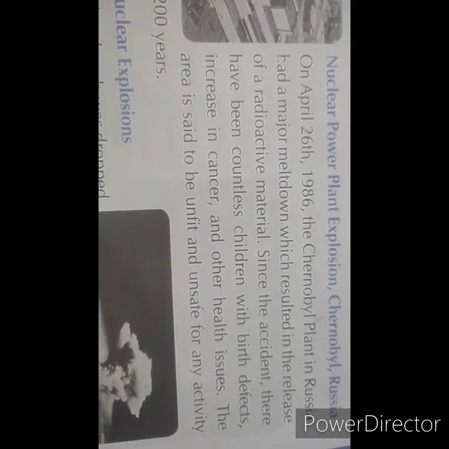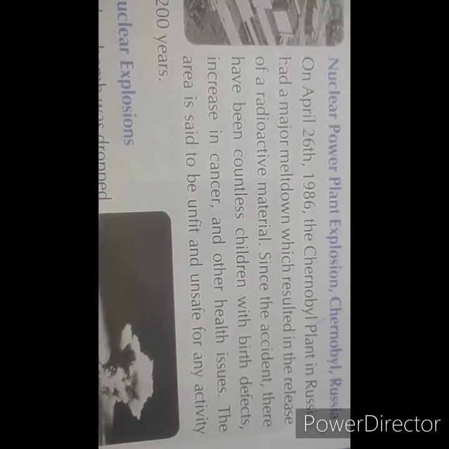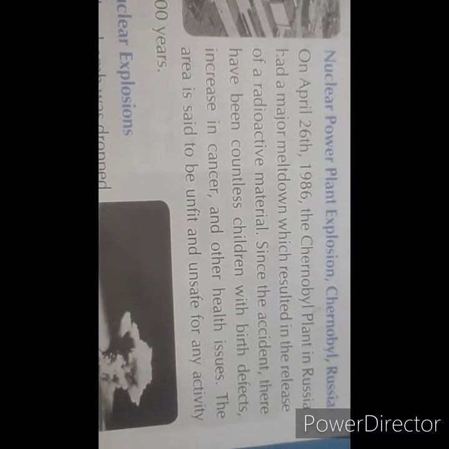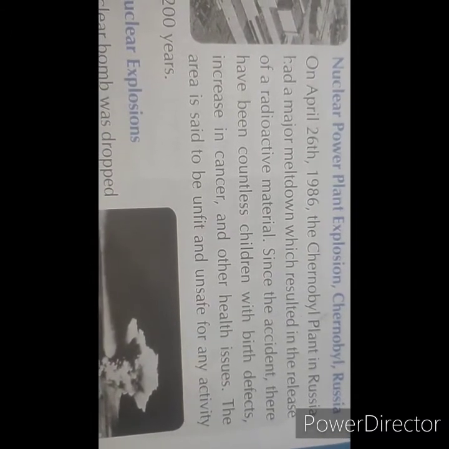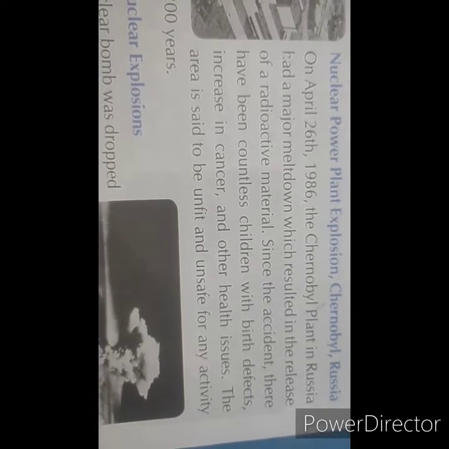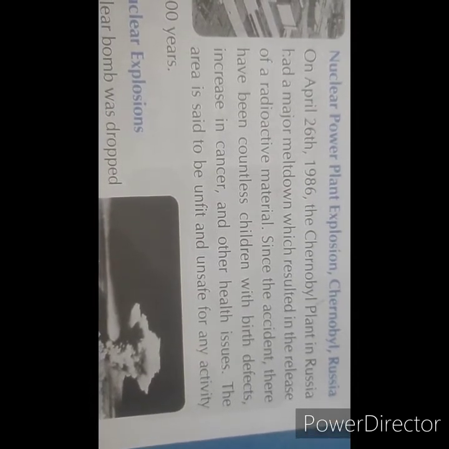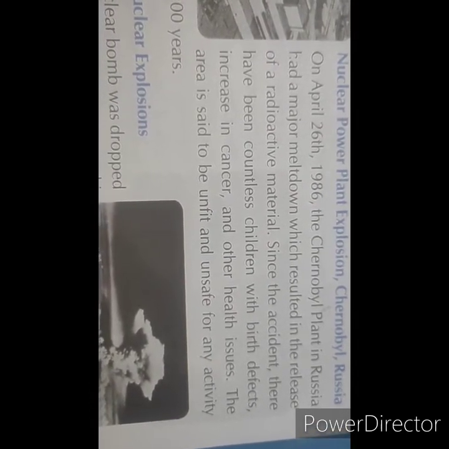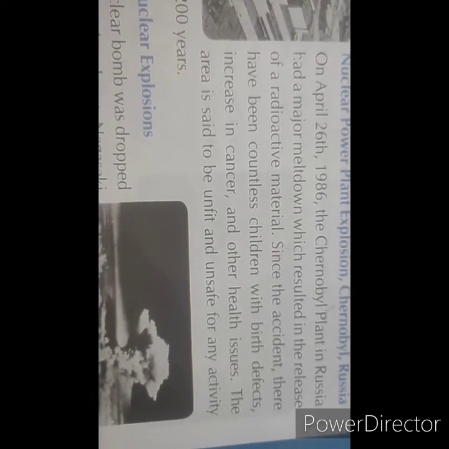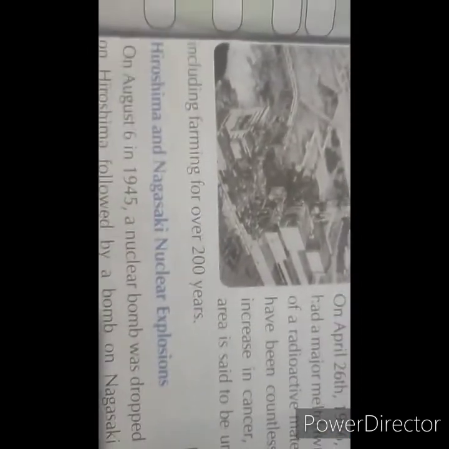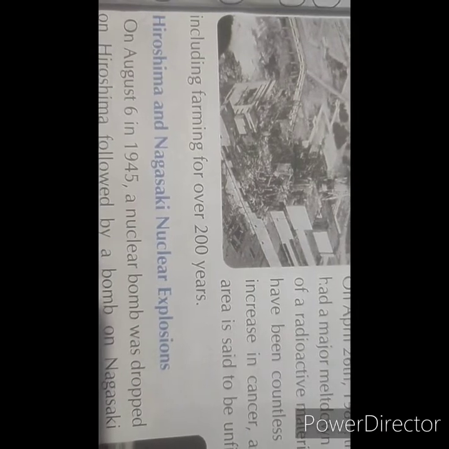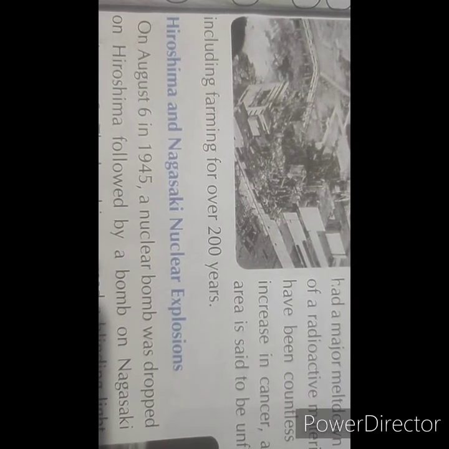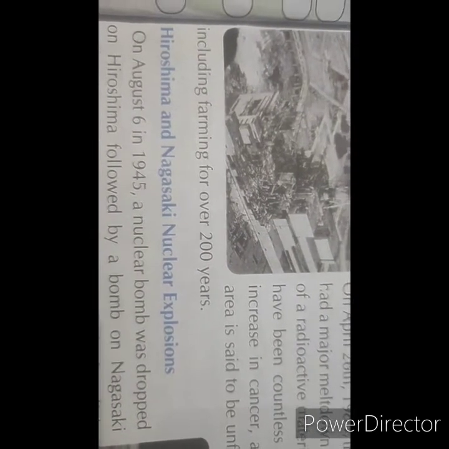Since the accident, there have been countless children with birth defects, an increase in cancer, and other health issues. The area is said to be unfit and unsafe for any activity, including farming, for over 200 years.